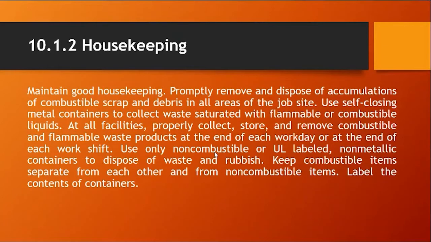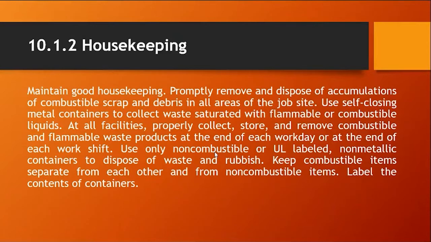So next is housekeeping. Maintain good housekeeping. Promptly remove and dispose of accumulations of combustible scrap and debris in all areas of the job site. Use self-closing metal containers to collect waste saturated with flammable or combustible liquids.